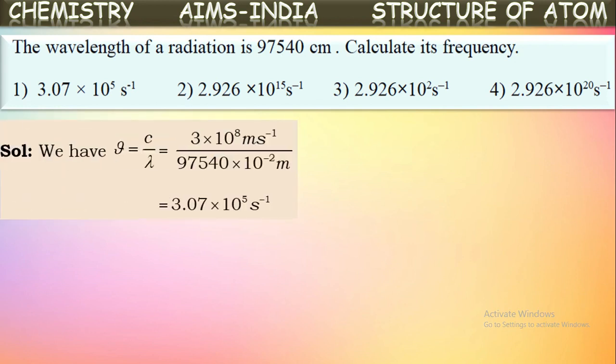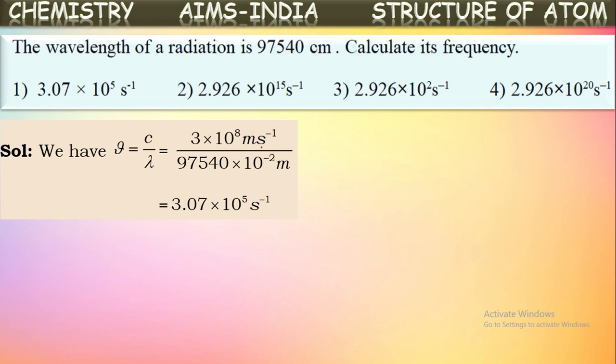Nu is equal to c by lambda, where nu is frequency, c is velocity of light, lambda is wavelength. Now let us substitute these values. Velocity of light is a constant, we know the value of it. What is that? 3 into 10 to the power of 8 meters per second. And the wavelength is given here as 97,540 centimeters.